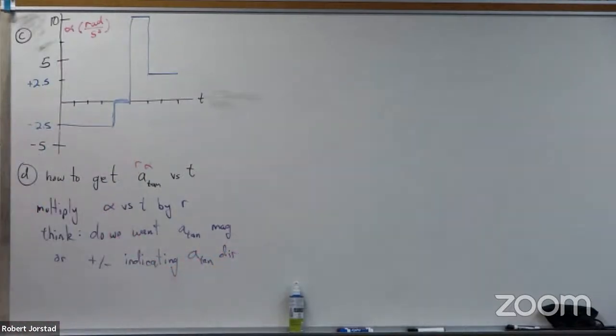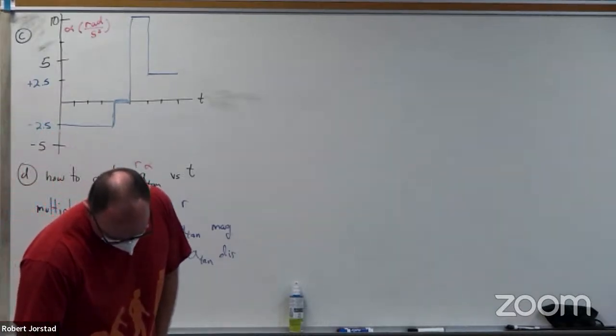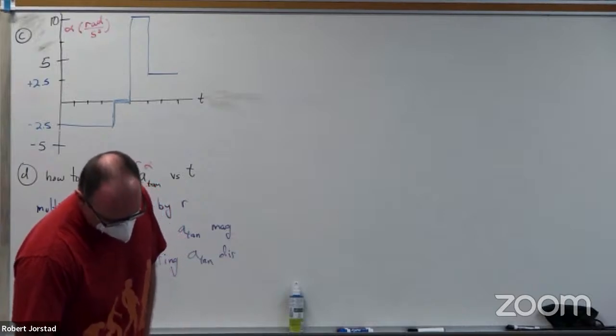That's going to depend a little bit on the situation, but essentially you're going to multiply by R, then think about minus signs. You may want to include it, you may not, depending on the context of the situation and who you're talking to and what needs to be done. Good? All right. How would you get A c versus t?